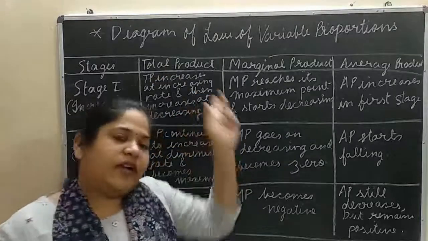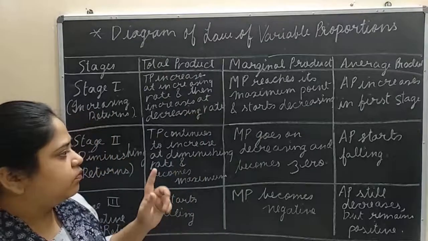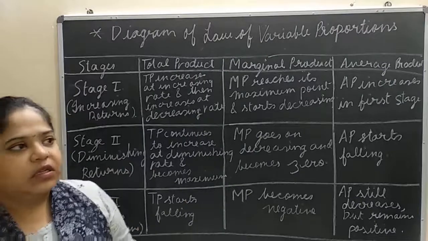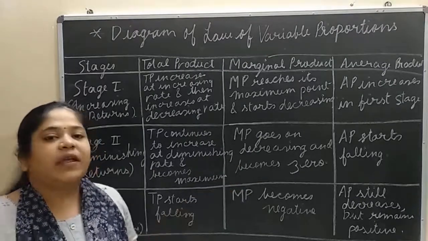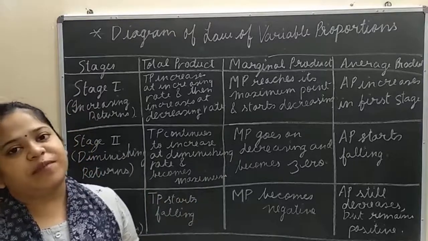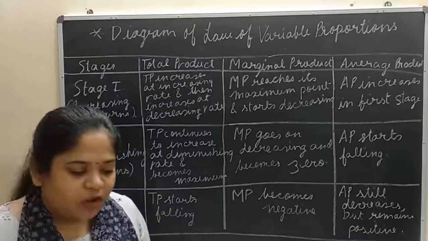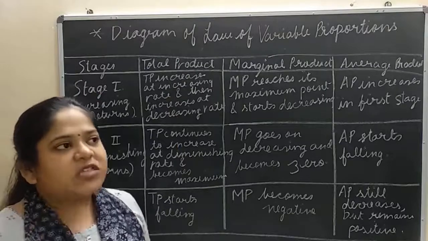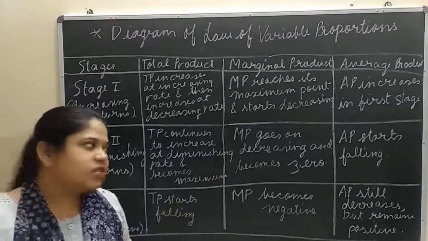If you go back to the diagram and see the MP curve, MP will go on decreasing and it will become 0. So, MP will continue to decrease and it will become 0. The stage 2 ends where MP becomes 0 and TP is maximum, because wherever MP is 0, your total product is maximum.